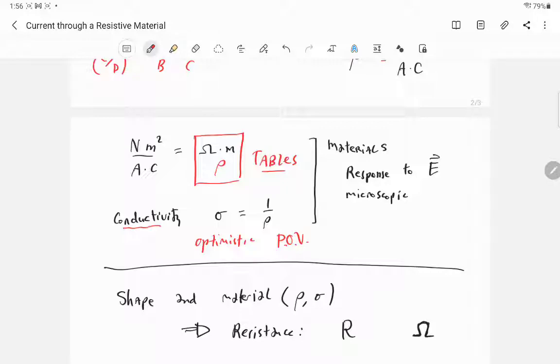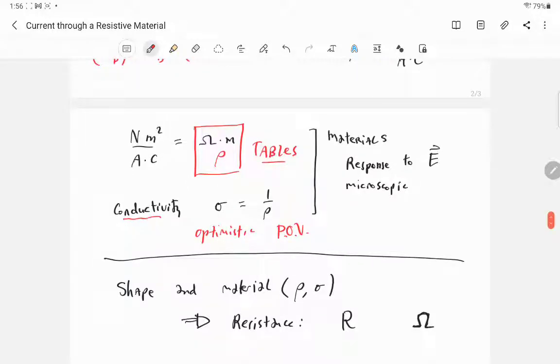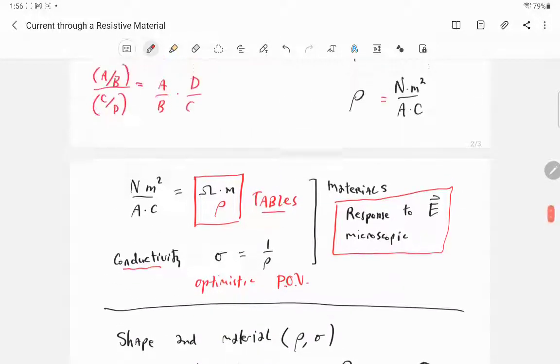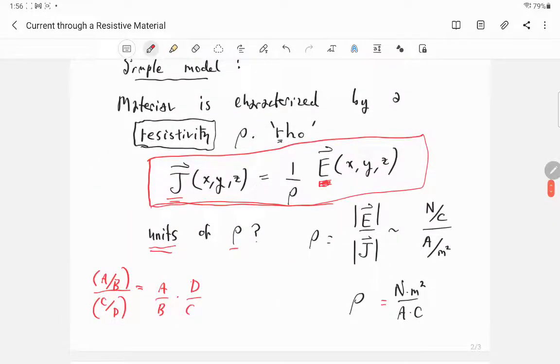So what I've showed you is a model that connects the current flow at a place in a material. This is a coordinate inside of a material. This is the resistivity at this coordinate, and this is the electric field at the same coordinate.